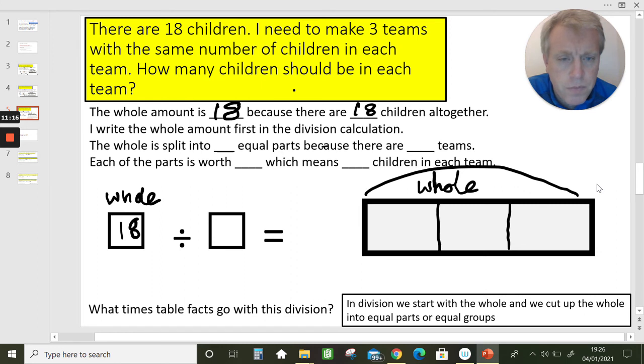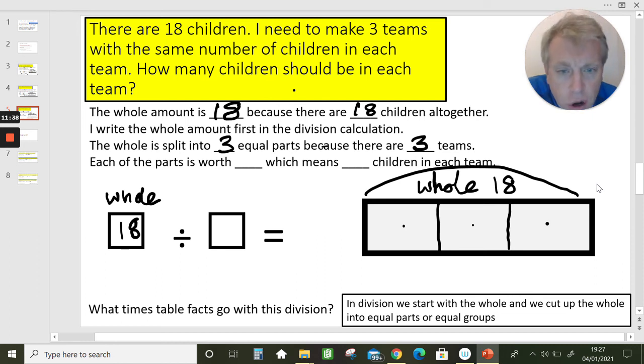So my whole is 18 children. I can see it split into 1 part, 2 parts, 3 parts, equal groups, teams of the same size. So the whole is split into 3 equal parts because there are 3 teams of the same size.